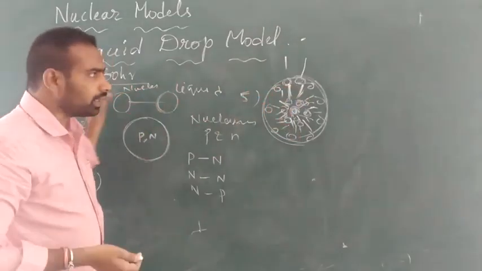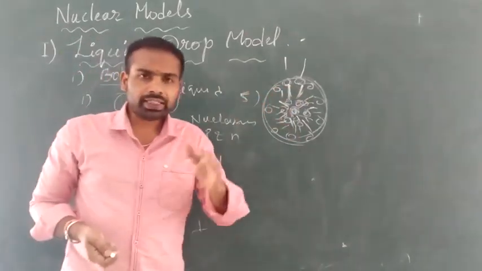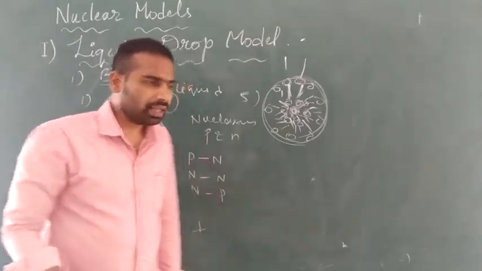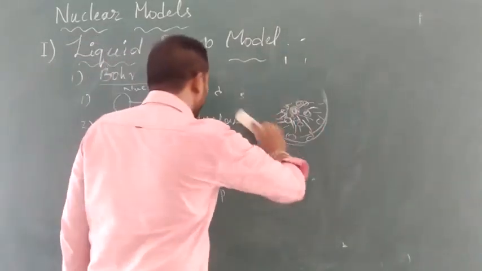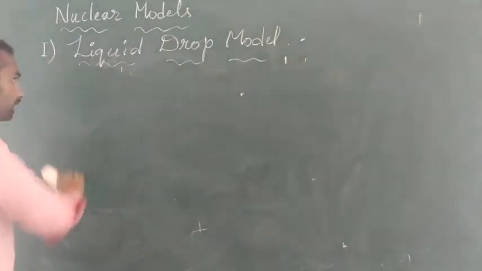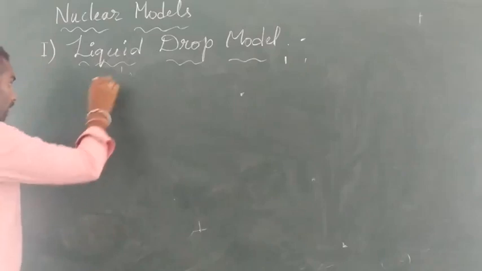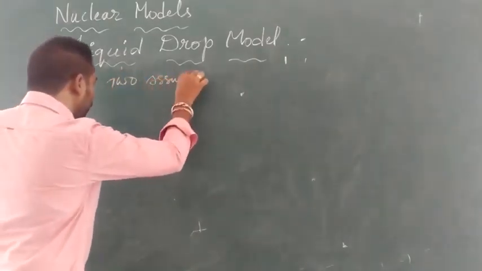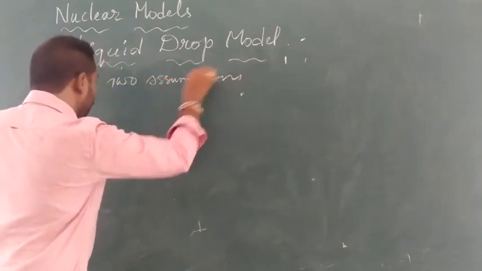Here we discussed the points under Niels Bohr. Next we have the assumptions. The liquid drop model is based on two assumptions. What are the two assumptions?